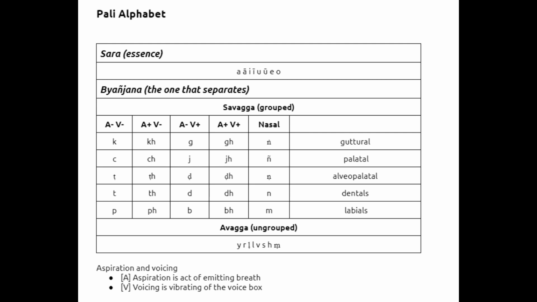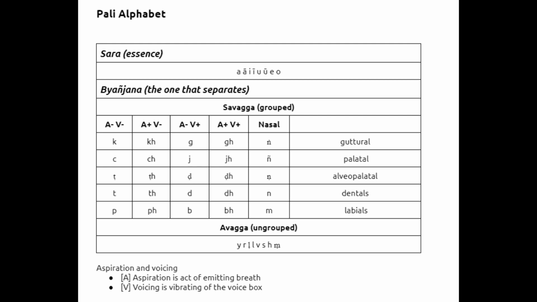The system is very simple, kind of elegant, and it's based on these headers. So each column represents a different type of sound. That's how it is. So at the back of your mouth or at the palate, you can make 5 different sounds that we use in Pali, plus all of these other ones that are kind of associated with these groups, but forget about them for now. The point is that these ones fit neatly into these categories.